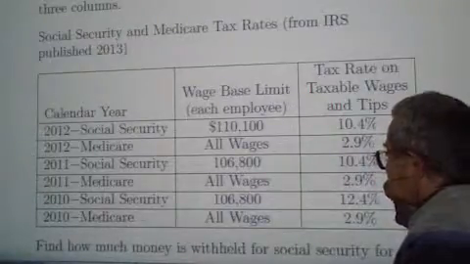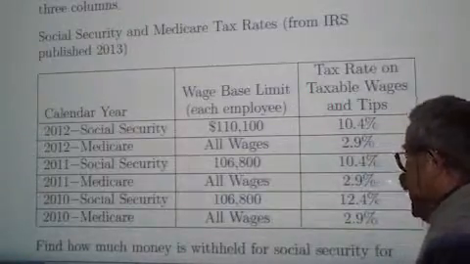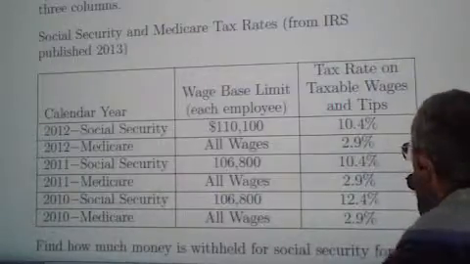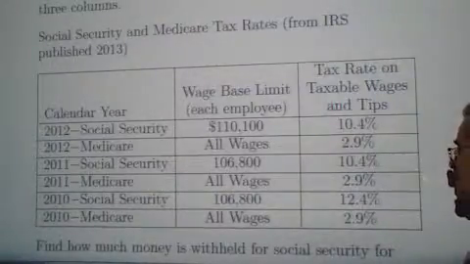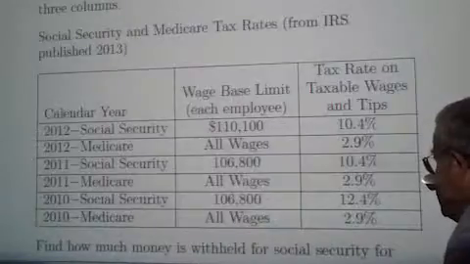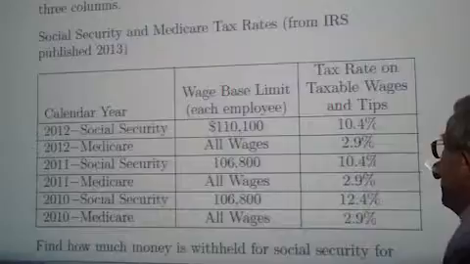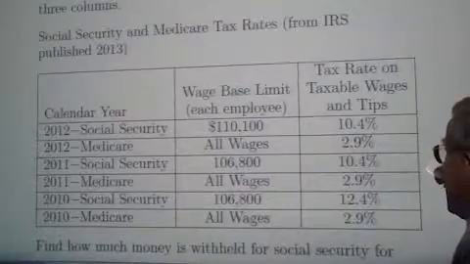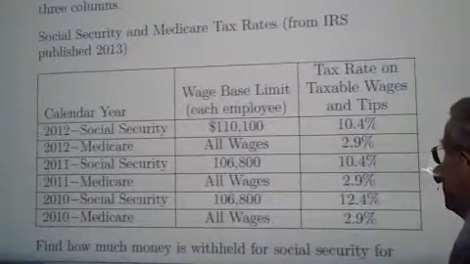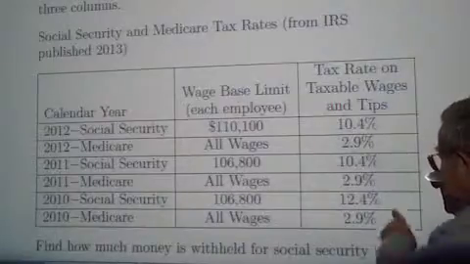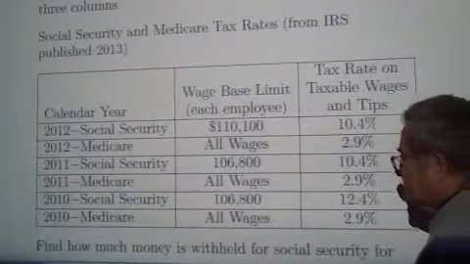And the same for 2010, $106,800. Percentage. For Medicare, 2.9% in all 3 years. For Social Security, 10.4%, and again 10.4%, and then 12.4%.